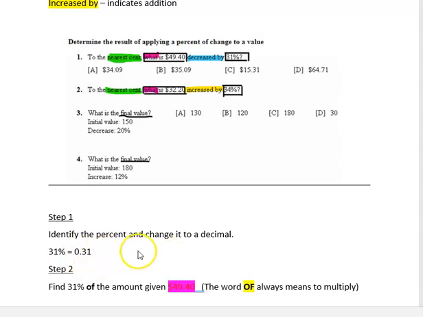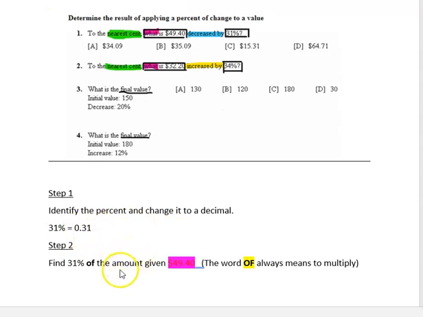Now, we've converted it to a decimal. And essentially that saying is, what is 31% of $49.40? In math, we like to translate that word of to multiplication. So 31% of the $49.40, that is going to give us a dollar amount.